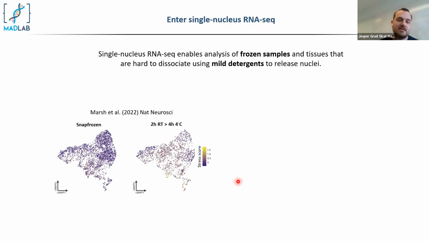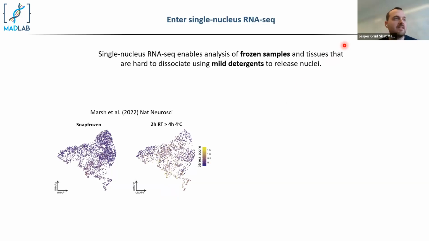And they can see here that even short-term storage introduces stress markers in these cells. So even though we're using single-nucleus RNA sequencing, there's definitely a necessity for processing samples rapidly.